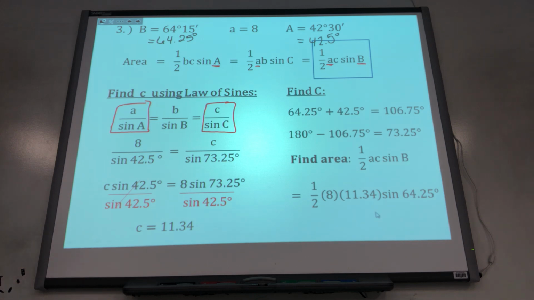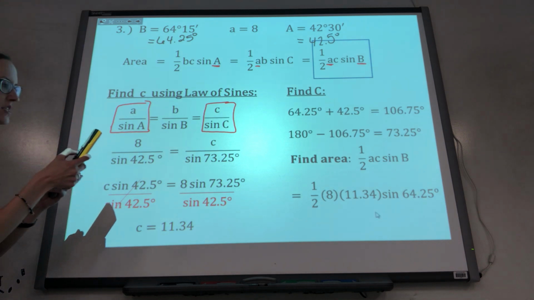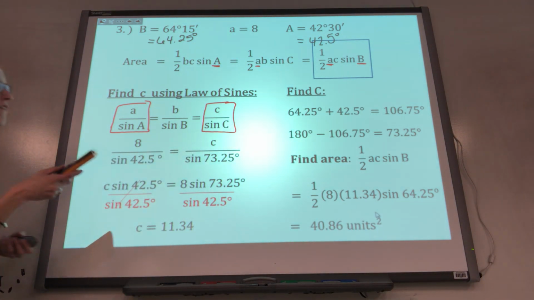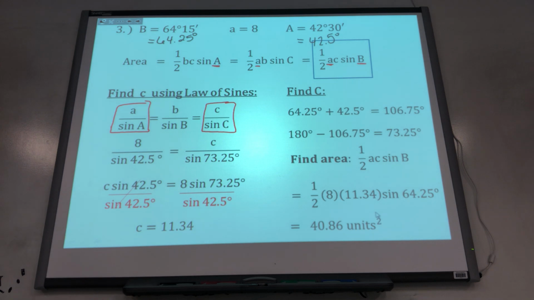That should give us, to the nearest hundredth, it would be like 40.86. Again, to tell that it's area, we should put units squared. It's not just a length question.